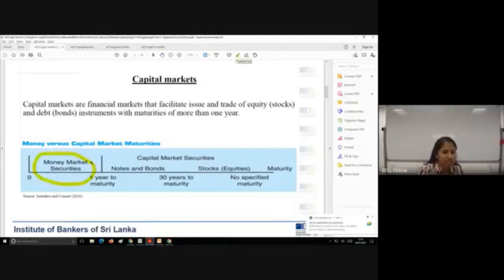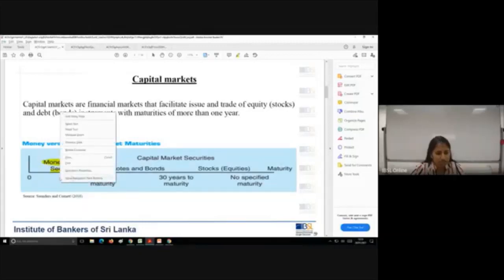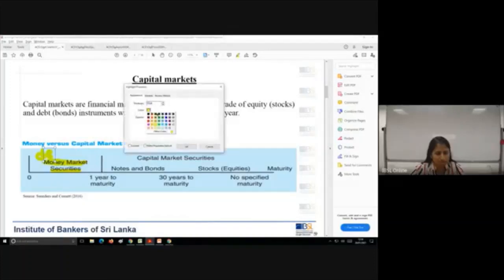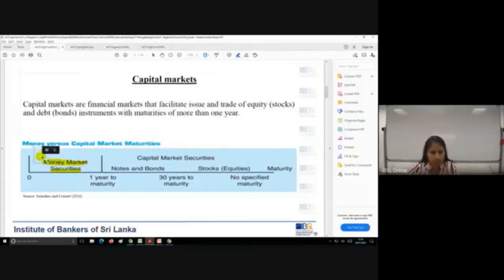So essentially here what you're talking about is the debt market, in the money market, specifically from 0 to 1 year period.